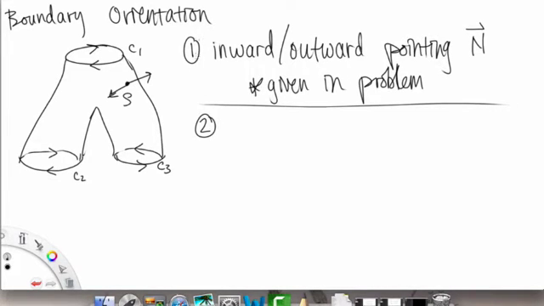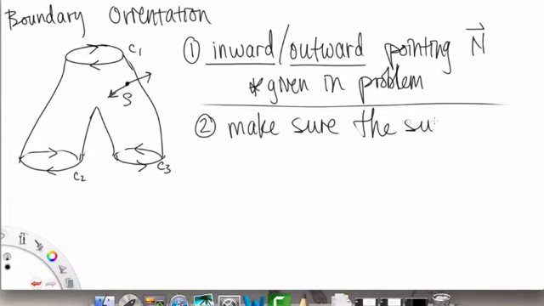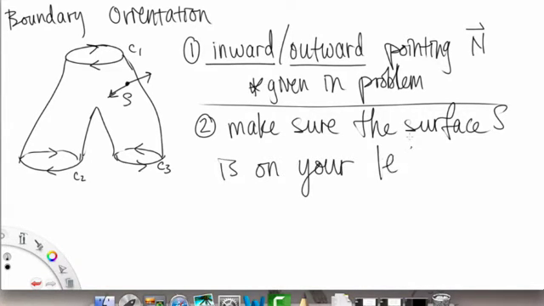And number two is, once you determine whether it's inward pointing or outward pointing, you have to make sure the surface S is on your left. Just like Green's theorem.